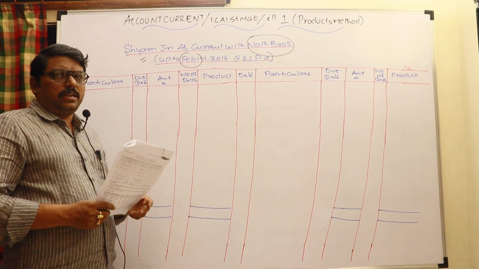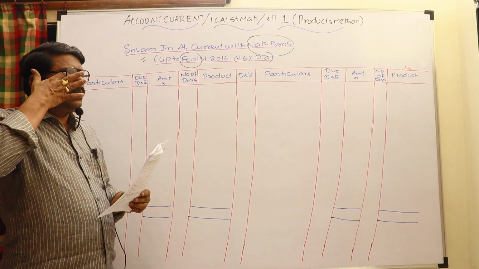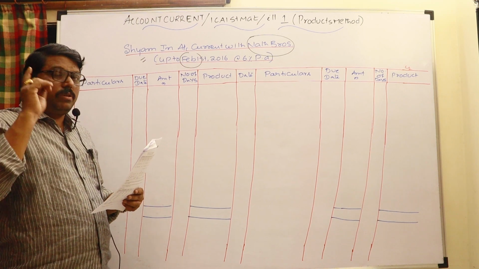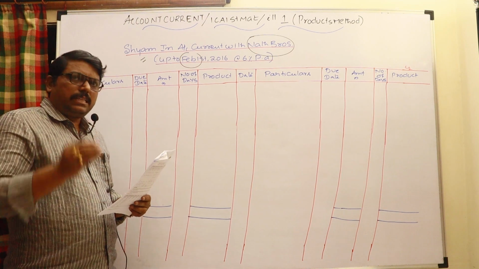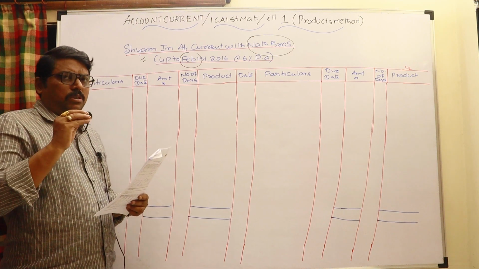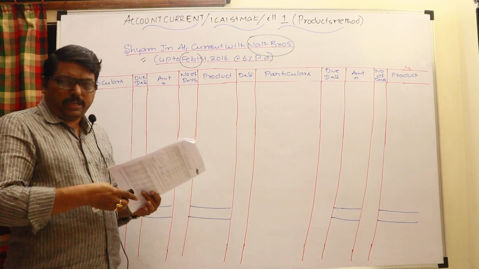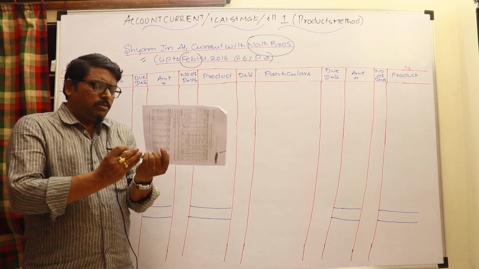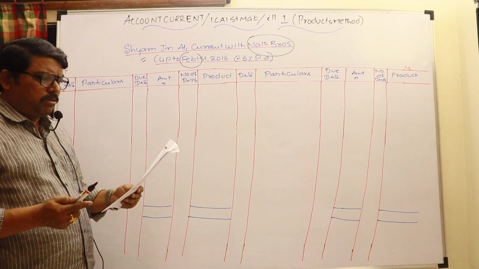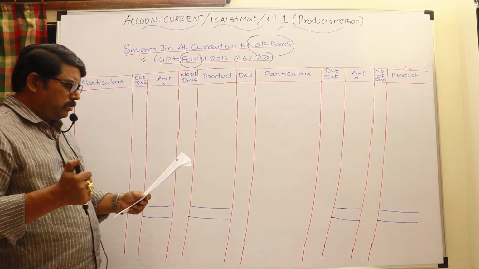At the end we calculate the interest directly on the balance of product, only once. By either the interest table method or the products method, the interest amount should be the same. Let us see how to record all the transactions in the Shyam account.